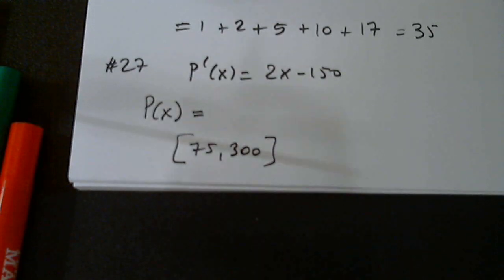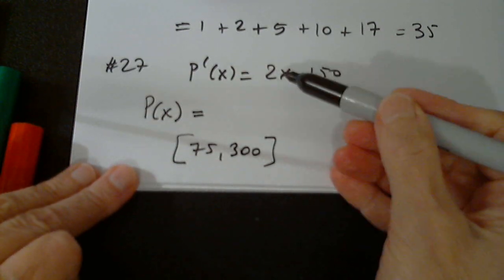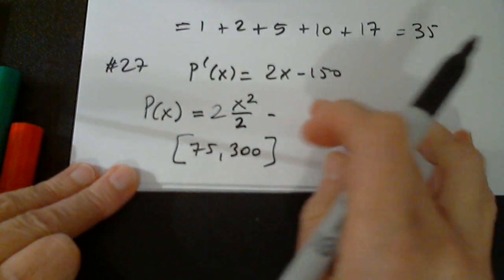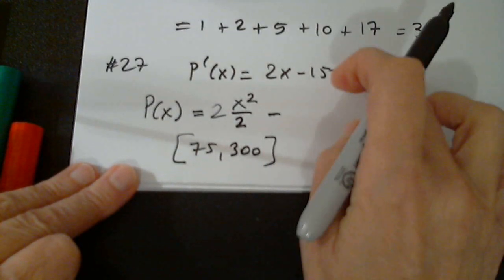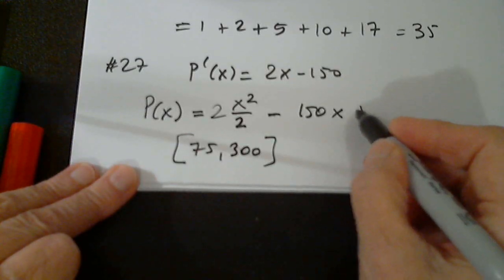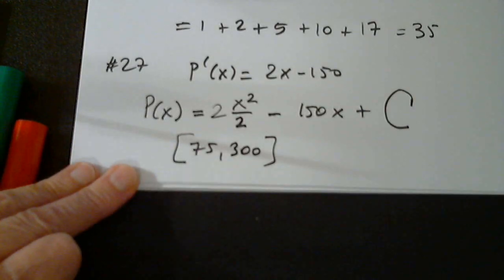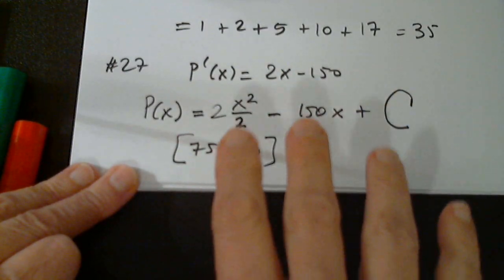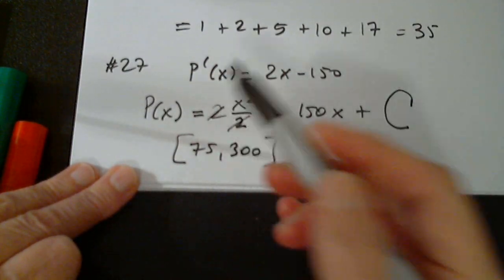Okay, so which function has derivative 2x? 2x squared over 2, minus. Which function has derivative 150? 150x. And plus a constant C. This is a family of functions. All of them have the same derivative. And of course, I will simplify these two.